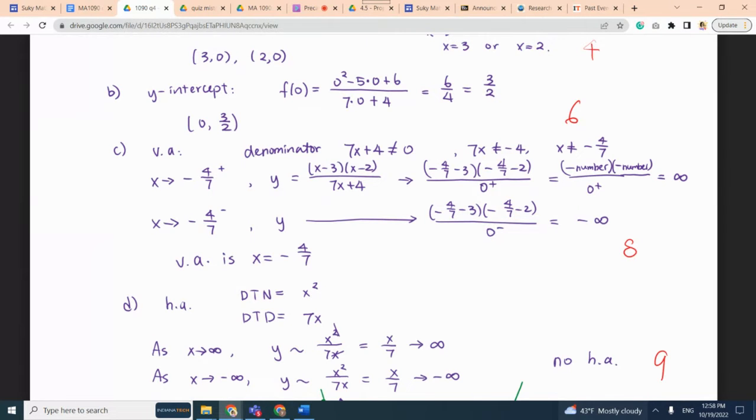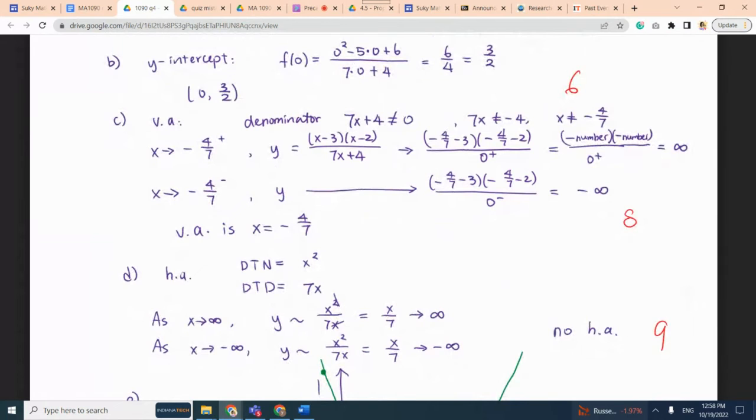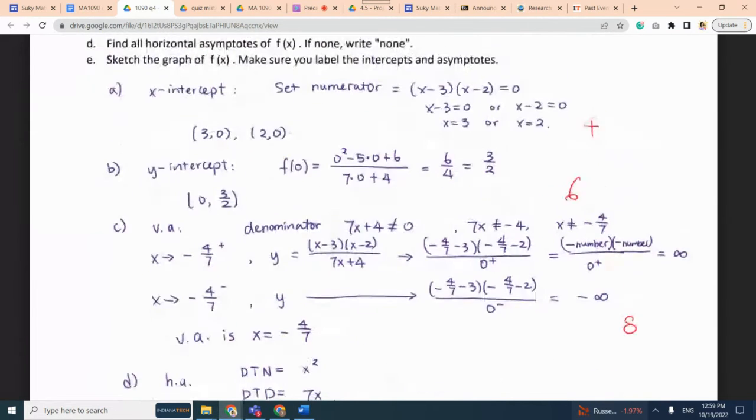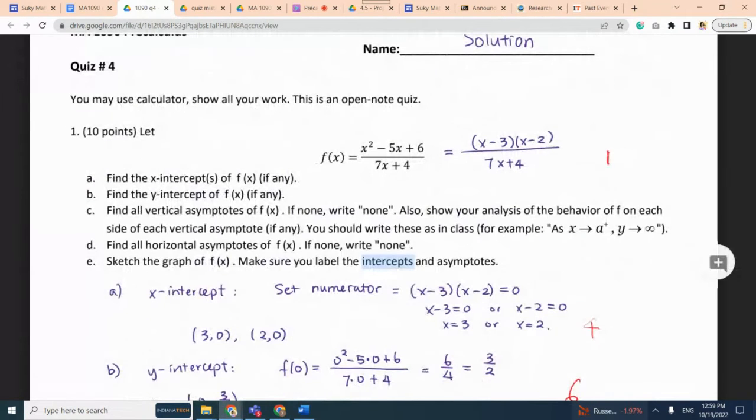And then here, the horizontal asymptotes. So horizontal asymptotes, we look at the dominant term of the numerator. Yes, dominant term of the numerator and denominator. That is, we look at the original form, right?